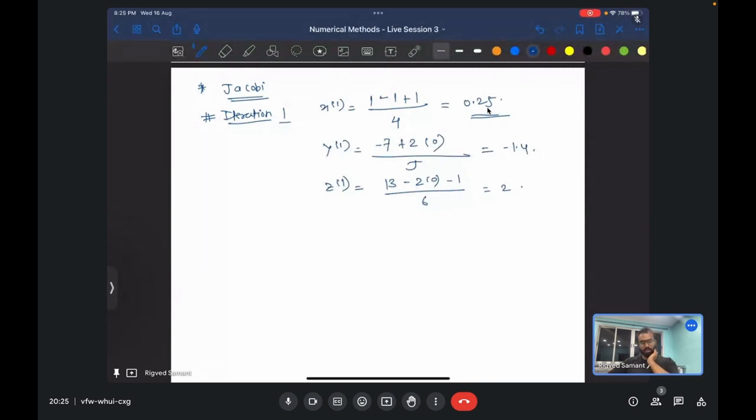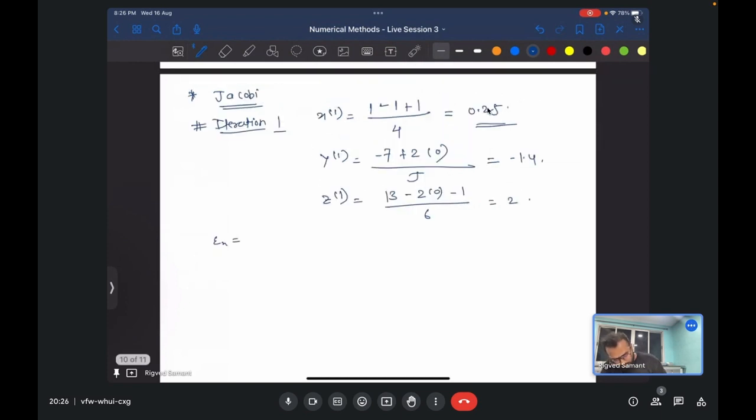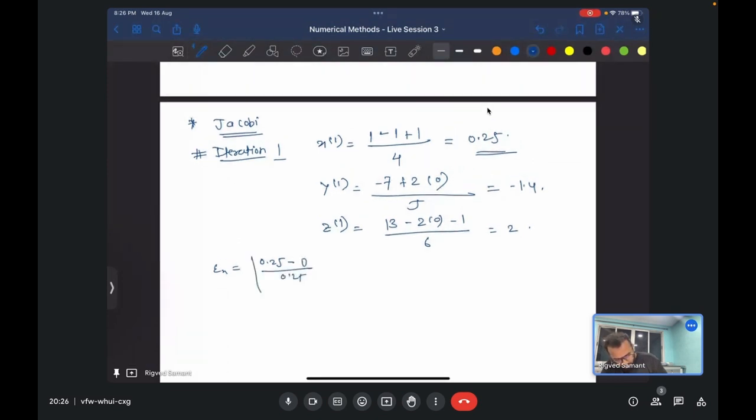Right, so if you see the error, epsilon x is 0.25 minus 0 divided by 0.25, which is equal to 1. Epsilon y would be minus 1.4 minus 1 divided by minus 1.4, which is 1.71.